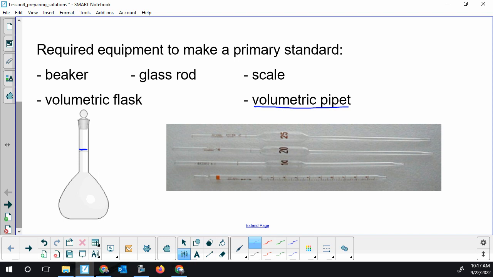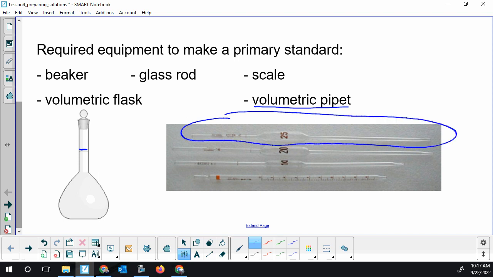They're long glass tubes that have a larger bulb in the middle, and that bulb will be an appropriate size for whatever volume you want to transfer. They put the milliliter volume printed on them, but most volumetric pipettes will do 2 decimal places. So even though that says 25 on the one I circled, it's actually going to be 25.00 milliliters. So 4 sig figs when we transfer a volume.